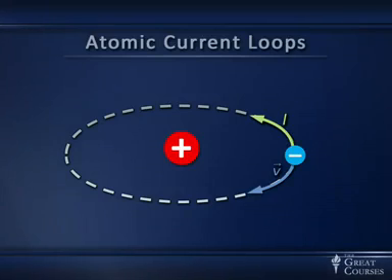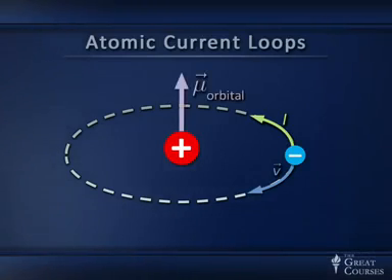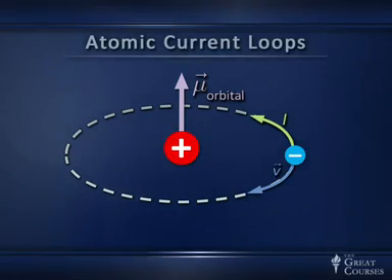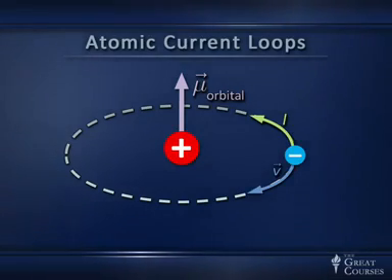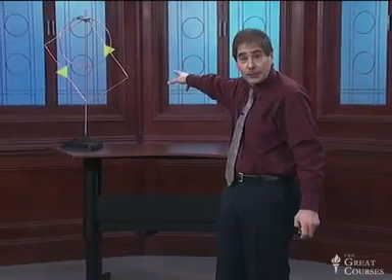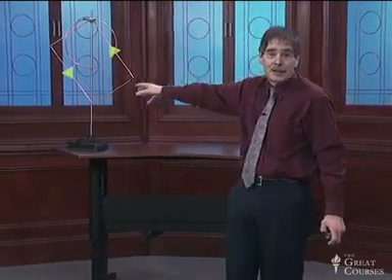If I use the right-hand rule and curl my right hand in the direction of that current, I find that that tiny atomic current loop creates a magnetic dipole whose dipole moment vector is perpendicular to the loop. Here's a miniature version of that same big rectangular loop that I worked with in the preceding lecture. So there is a magnetic dipole moment associated with it. It would cause this atomic current loop to feel a torque in the presence of a magnetic field, for example.